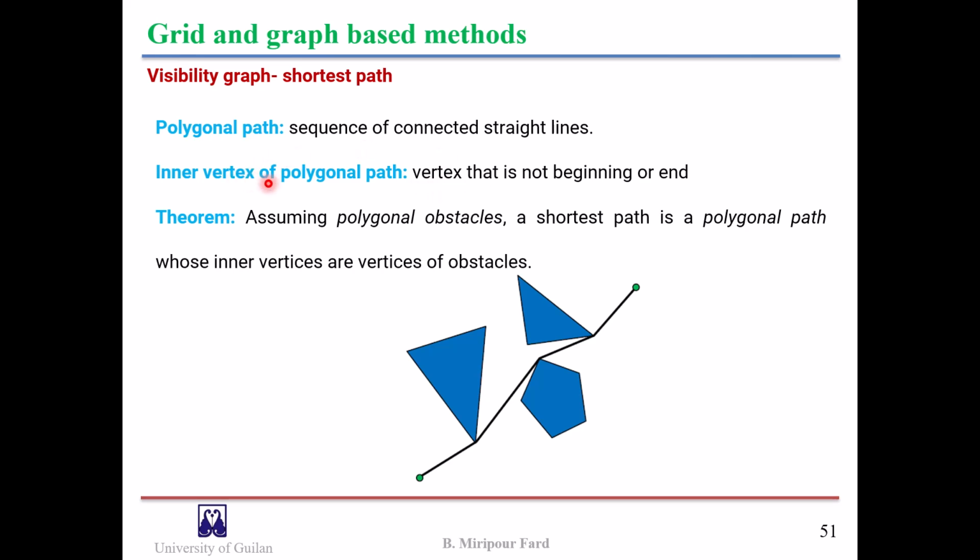So if we exclude the last vertex and the first vertex, the rest will be the inner vertices of the polygonal path.